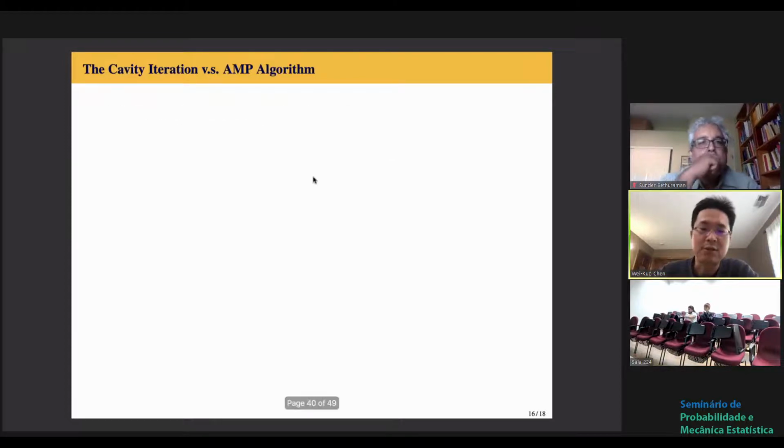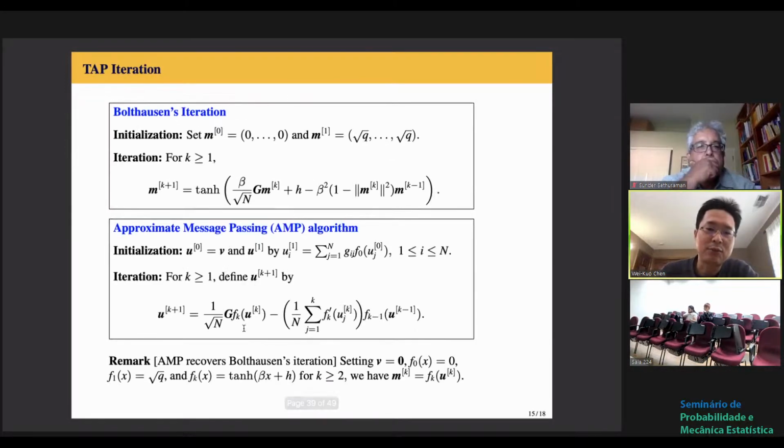It's not that straightforward to see, but somehow each time you kick out some component out of the first one, right? And the one you kick out essentially comes from the Taylor expansion of this FK.